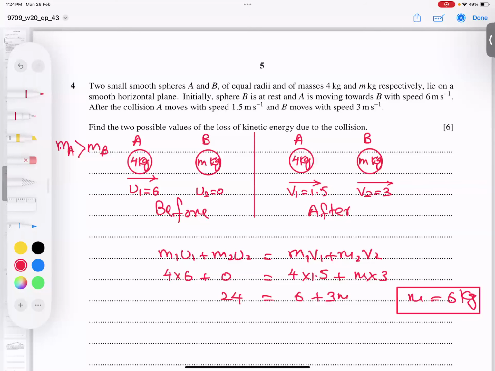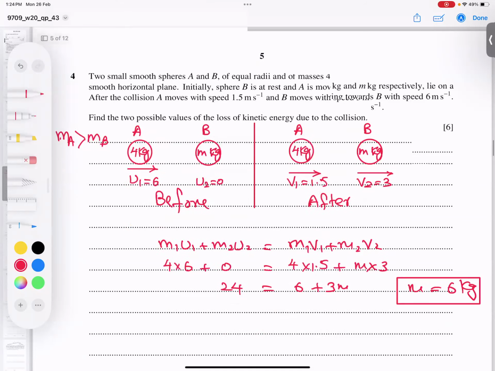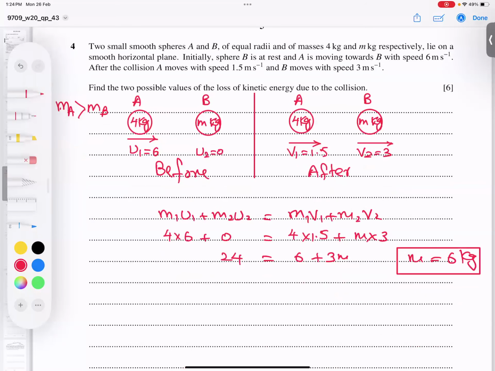Now let's go further. What is the next plan? The mass here is 6 kilograms. Now, how can we continue? Because we need the kinetic energy loss, we'll say kinetic energy before and after.